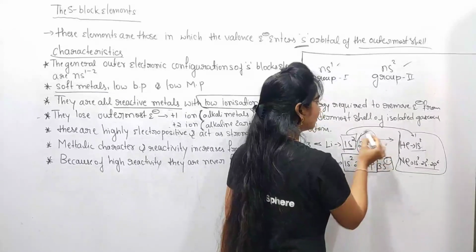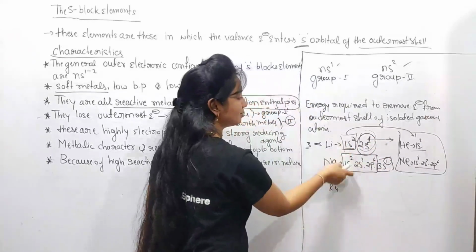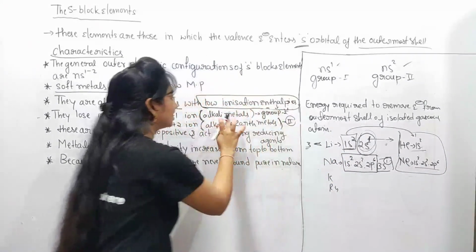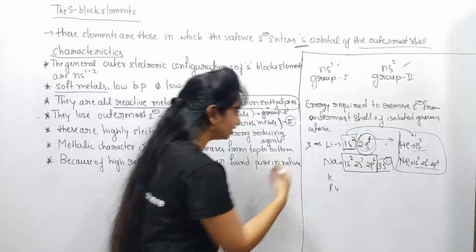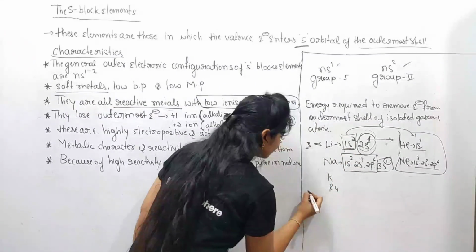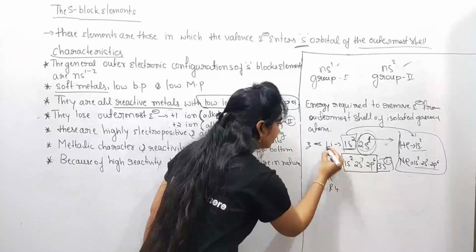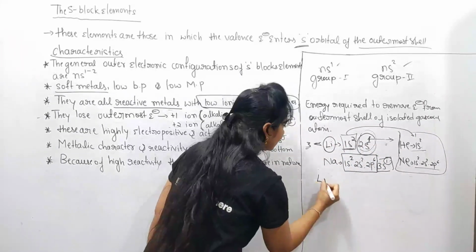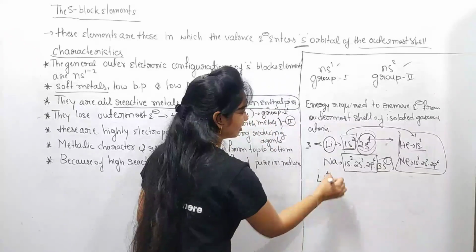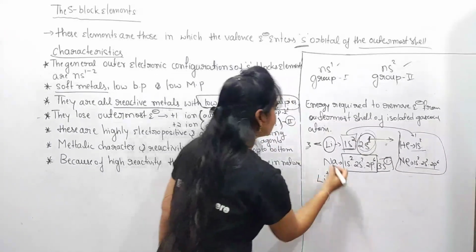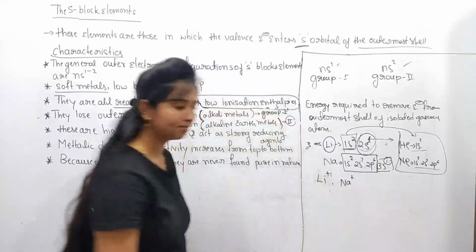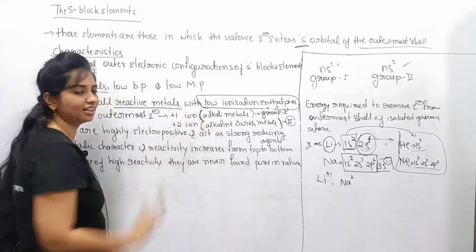Because by losing one electron, they attain the stable configuration. So when the alkali metals lose one electron, they become plus one ions. If lithium loses one electron, it becomes Li plus, and when sodium loses this electron, it becomes sodium plus, a plus 1 ion.